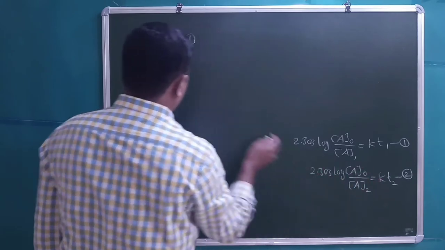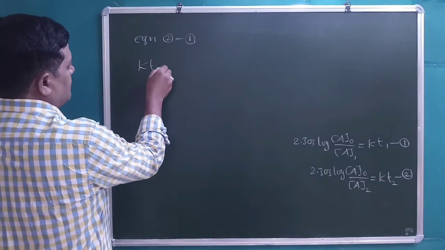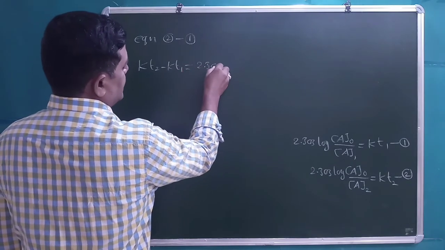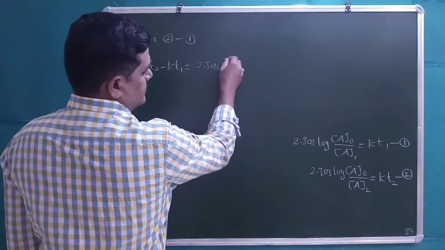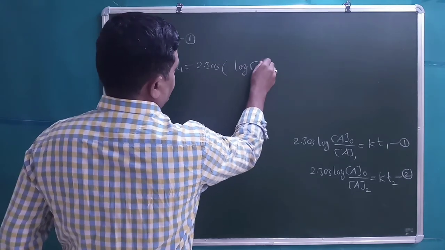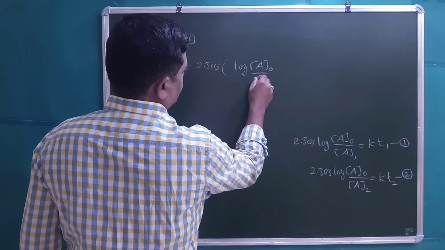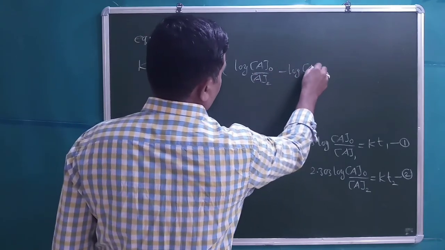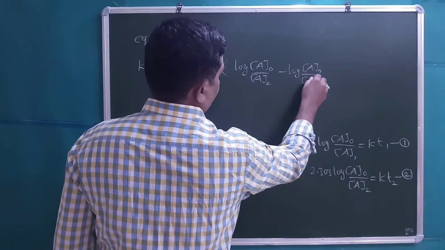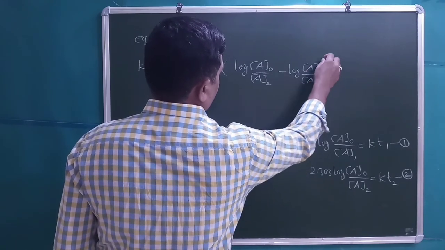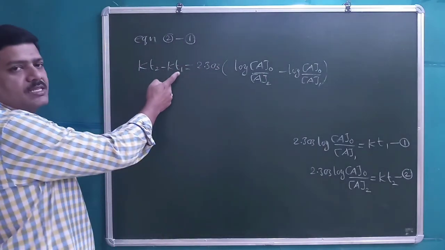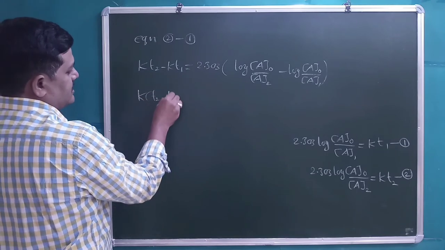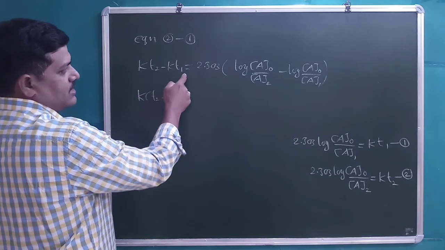So first I am writing Kt2 minus Kt1 is equal to 2.303, which is common, times log A0 by A2 minus log A0 by A1. From this we can take K as common, so K into t2 minus t1 is equal to the remaining terms.